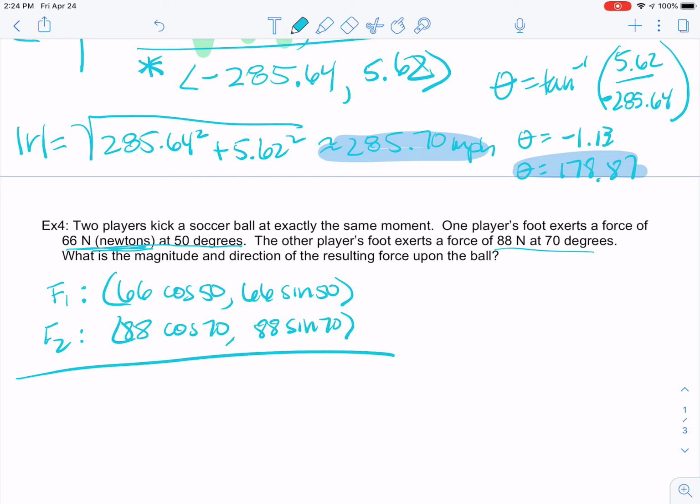And we're going to just punch that in our calculator. 66 cosine 50 plus 88 cosine 70. We get 72.52. Change both the words to sine for the y value. Sine is always y.